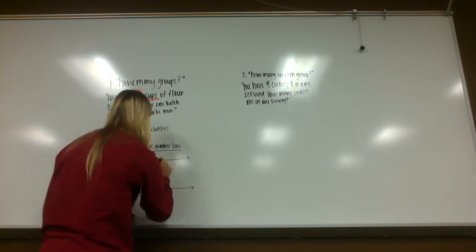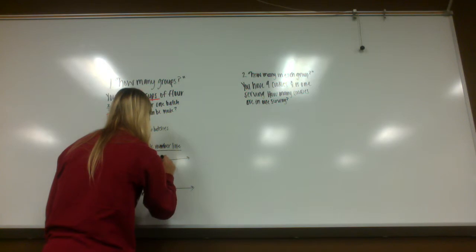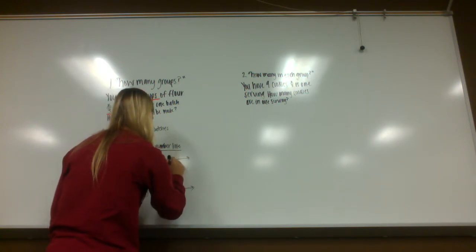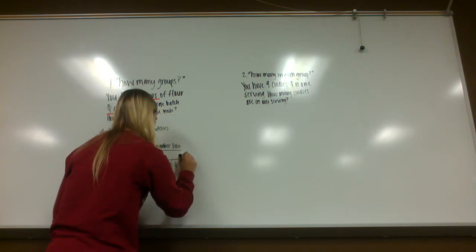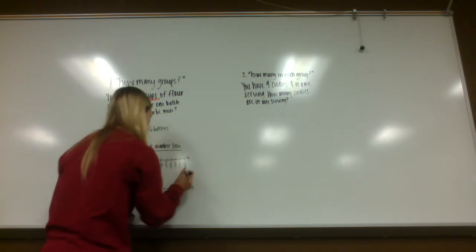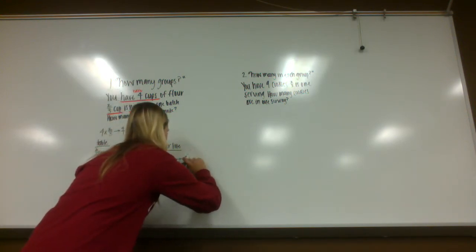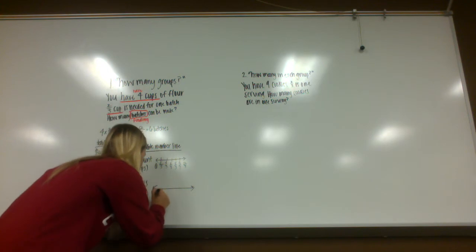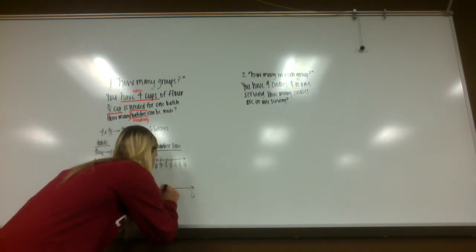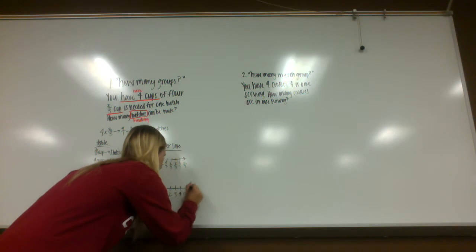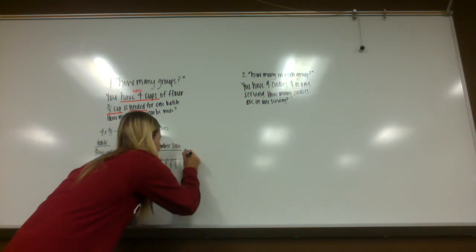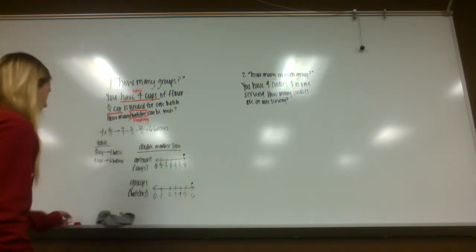Okay, so for the amount we have 0, and then 2/3, 4/3, 6/3, and I'm just breaking these up into thirds. So 6 batches, and then 4 cups is what we would use.